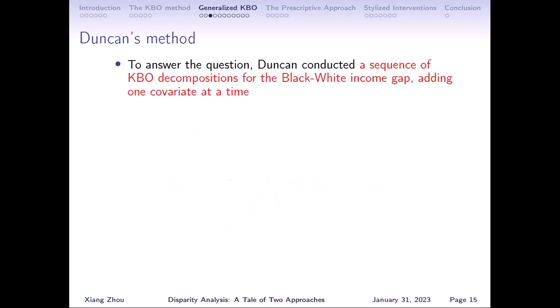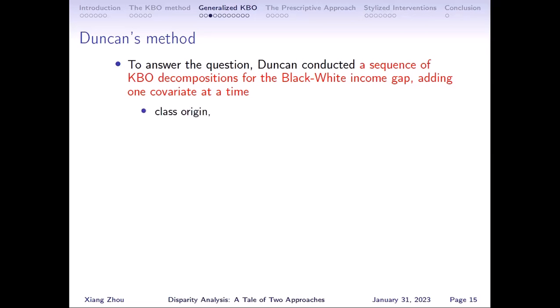So to answer this question, Duncan conducted a sequence of KBO decompositions for the black-white income gap, adding one covariate at a time. Of course, Duncan did not cite Blinder or Oaxaca because their paper came 5 years later than that.